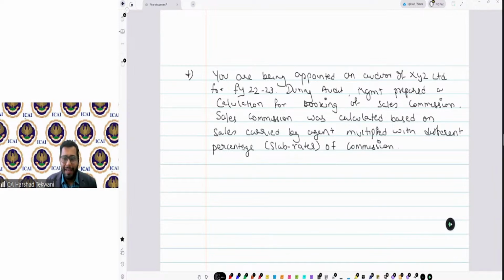So they had the sales data of each agent and multiplied it with the percentage or slab rate of the commission. There were multiple slab rates, like if you do 0 to 100 sales, this much percentage, if you do this much, this much. Various slab rates were there. It was a very complex working, a complex calculation, not a simple one.